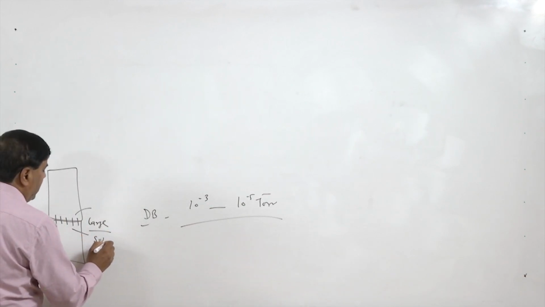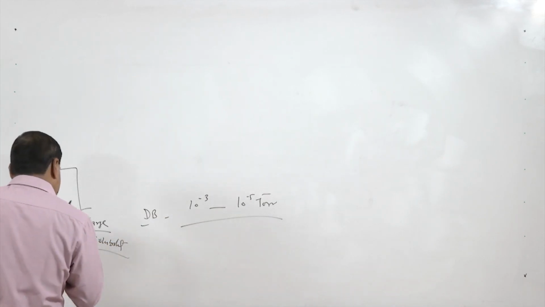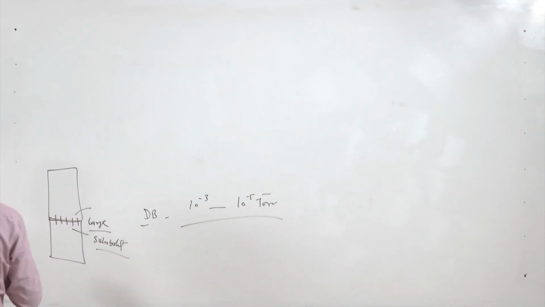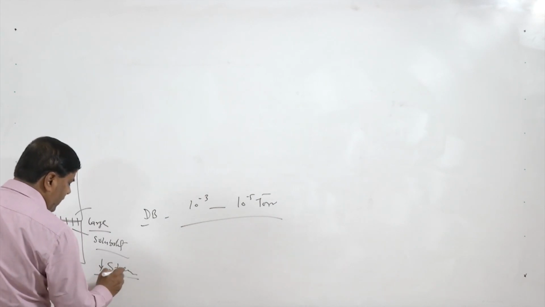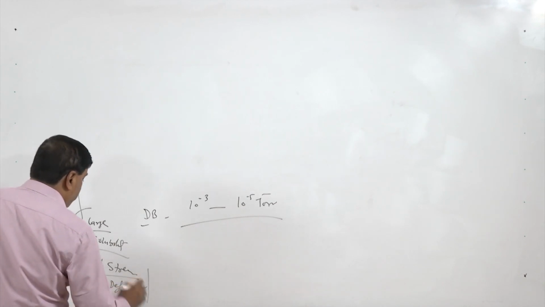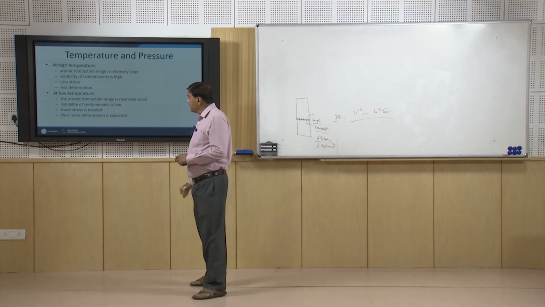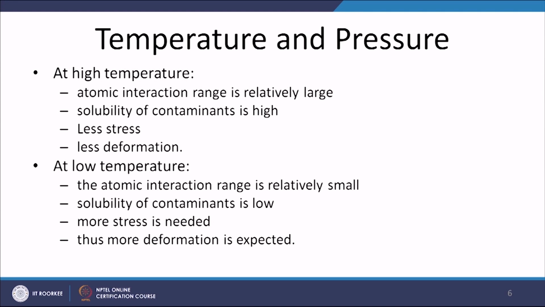So they will have high solubility, and interatomic interactions occur over a larger distance, so under these conditions we need very little stress, and when the stresses are less, the deformation is limited at the surface. This is one thing when solid state joining is achieved at high temperature. On the other hand, when it is done at low temperature, the atomic interaction range is relatively less, solubility of the contaminants is low, and therefore we require more stresses and more deformation is expected under such conditions.